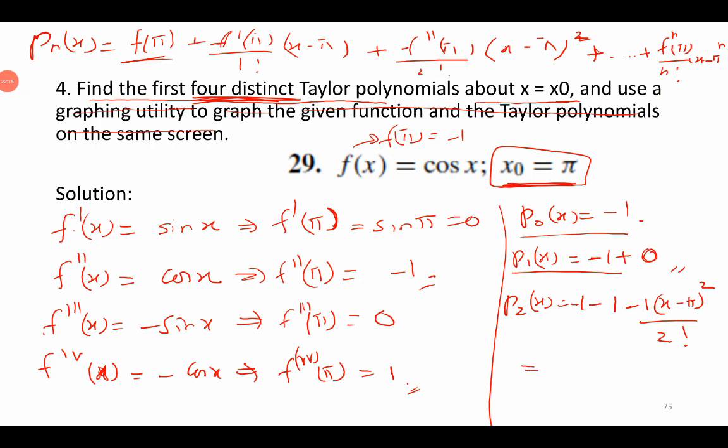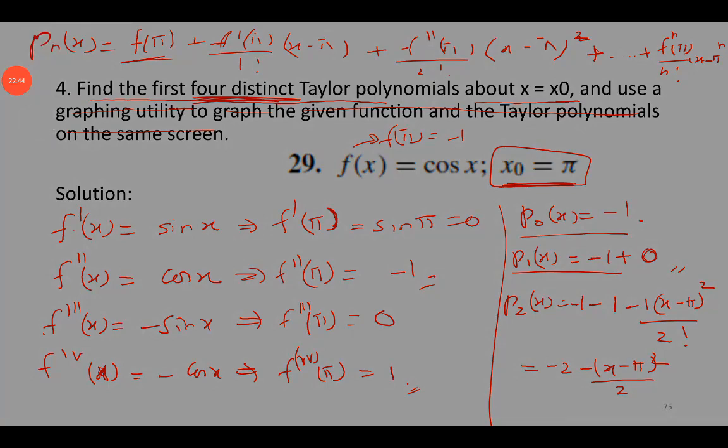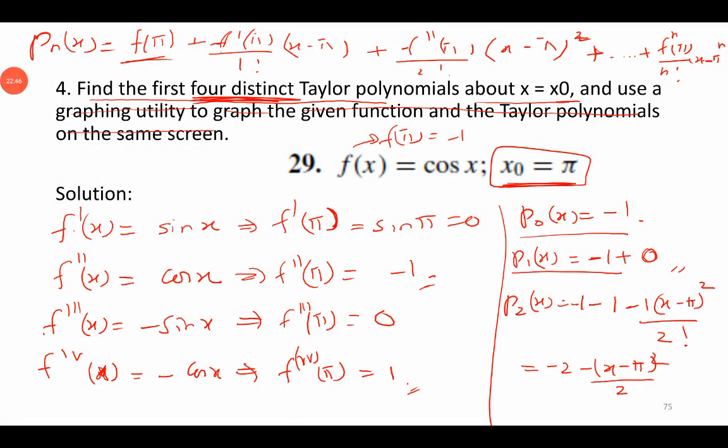We will write this one as negative x minus pi whole square divided by 2, because the second derivative is negative. So the third and the fourth, I think I am leaving it to you. I'm going to the next problem. You can try the third.